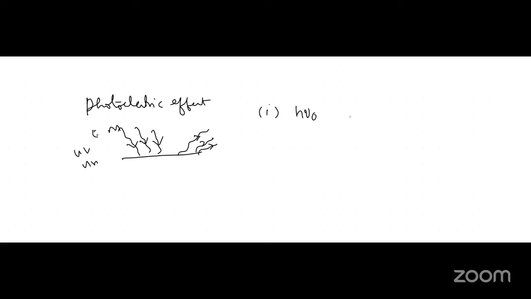No photoelectrons are released by radiation with frequency less than nu naught, called the threshold frequency. If the light falling onto the metal surface has a frequency less than nu naught, it does not produce any photoelectrons.